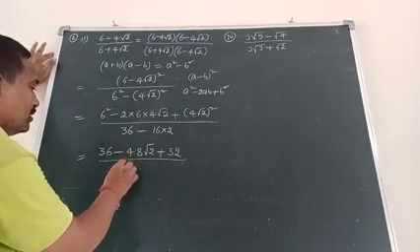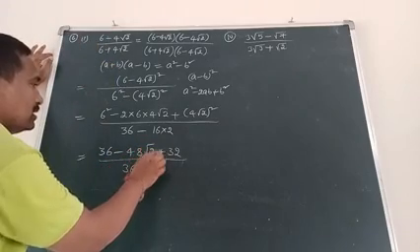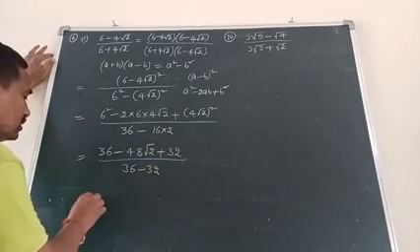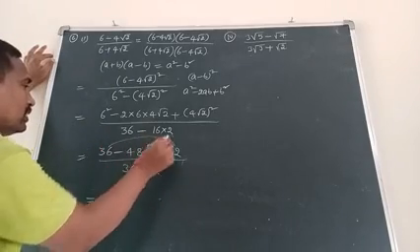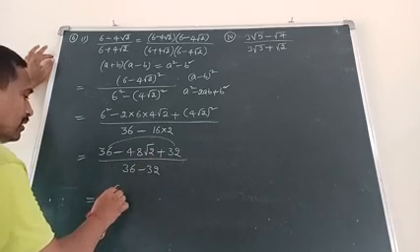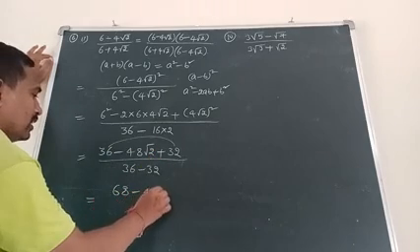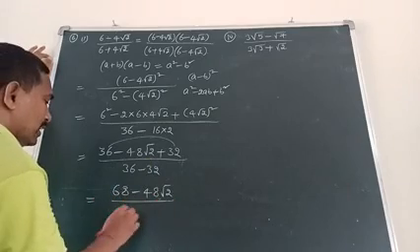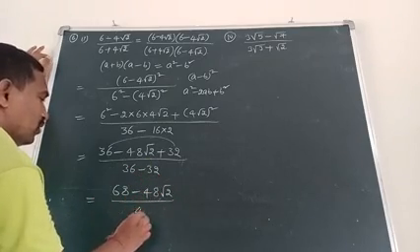Now the denominator: 36 minus 16 2s are 32. So 36 plus 32, add, 68 minus 48 root 2 by 36 minus 32, 4.